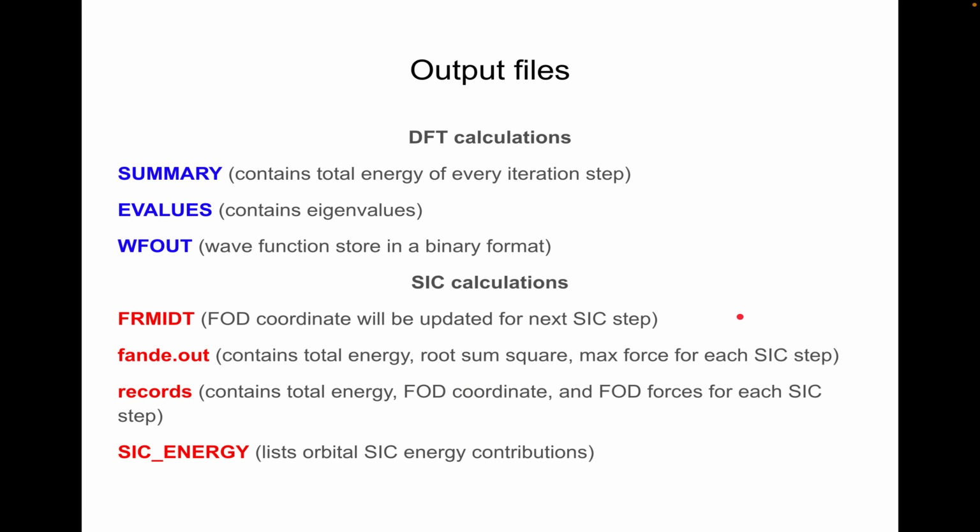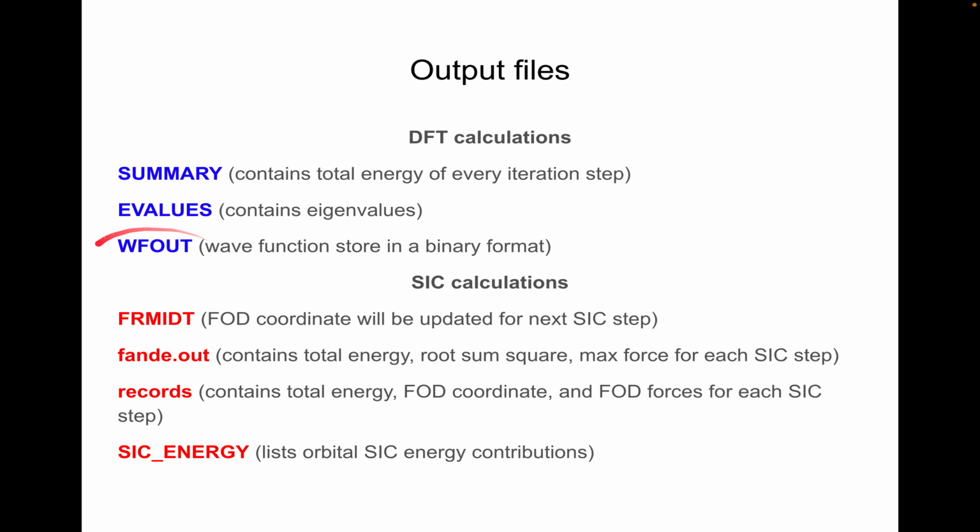Once you perform your calculation, the code will generate many files. At first it might be intimidating to new users, but it shouldn't be, because new users can focus on just a few of those output files. The summary file contains the total energy of every iteration step, and the e-value file contains the eigenvalues of your calculation.